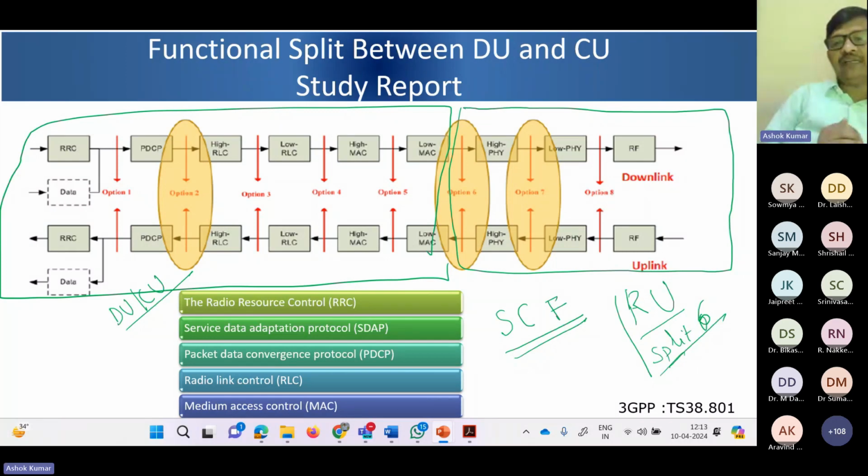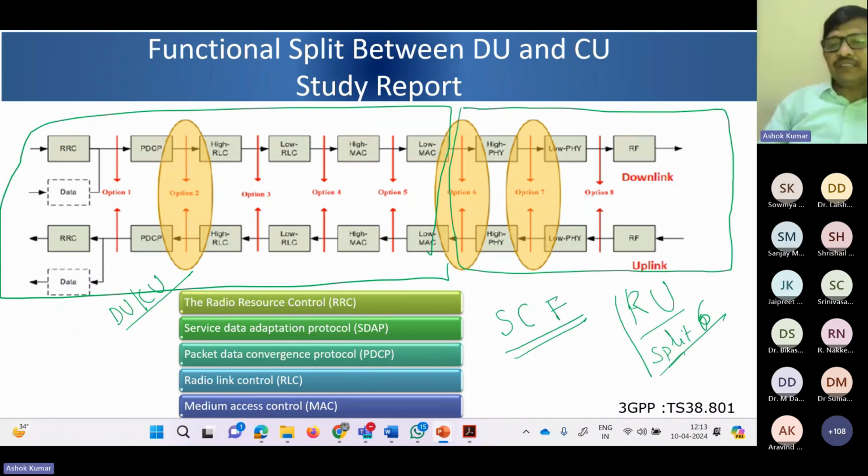At the RU I'm handling the complete physical layer. Any guess why we prefer split 6 in case of a small cell? It will enable multiplexing gain and also reduce latency. Okay, anything else?